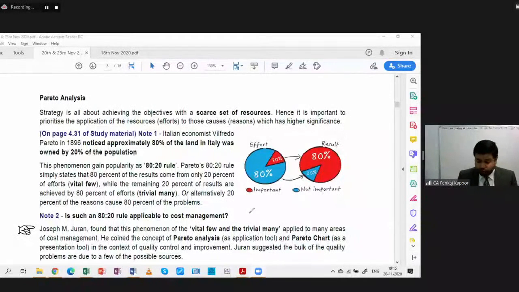Don't leave your computer, and don't leave the calculator and the pen also, because it will take us only 10 minutes to discuss the theoretical aspect of the Pareto. Then we'll move again to the questions. Just stretch your body so that you feel refreshed, and we can learn the next concept.